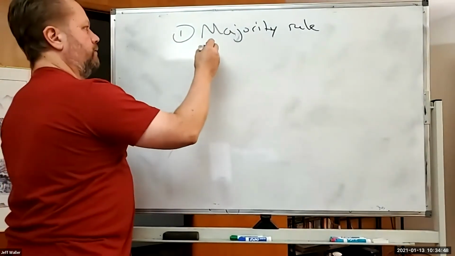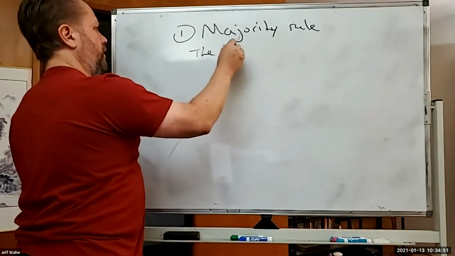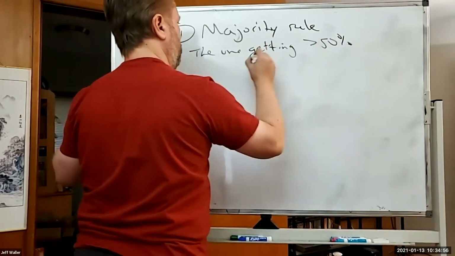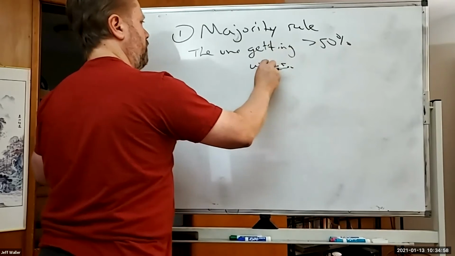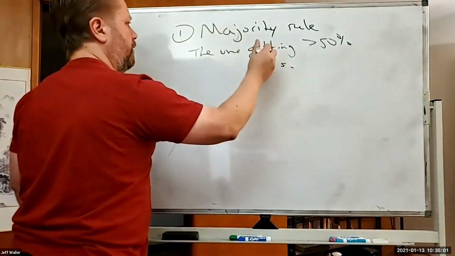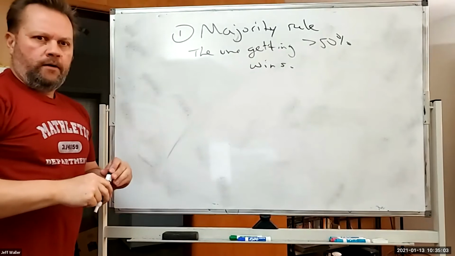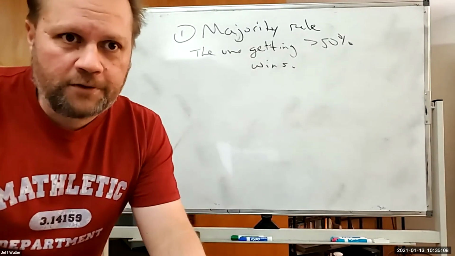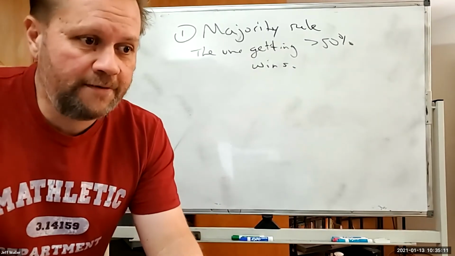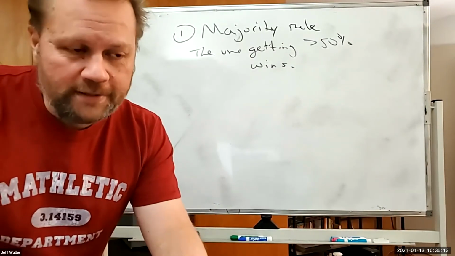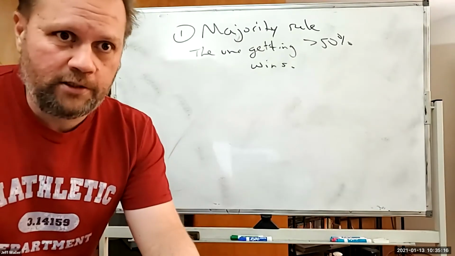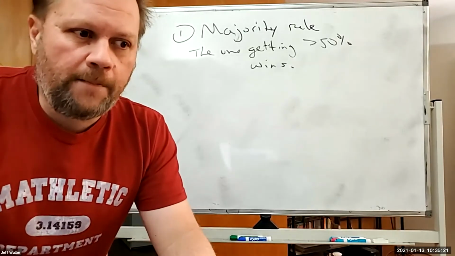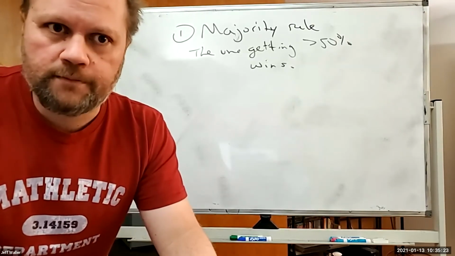This just means the one getting greater than 50% wins, the person, the item, whatever it is. For example, when we vote on propositions, there's only 2 options: yes or no. You could say, well, I could just not fill in a bubble. Well, then you just chose not to participate. That's not a third option. So majority rule makes complete sense for propositions.